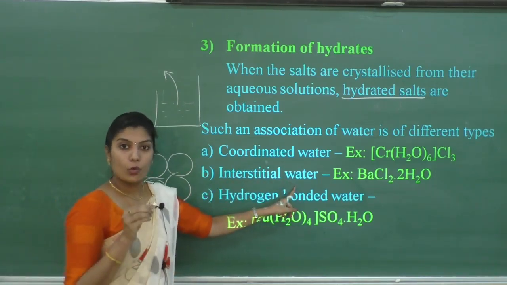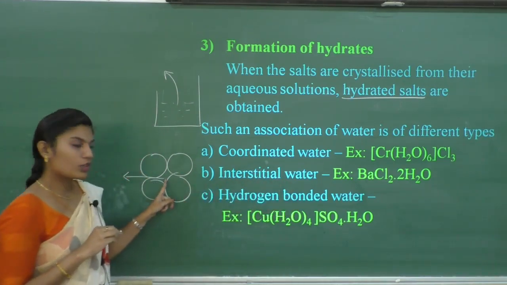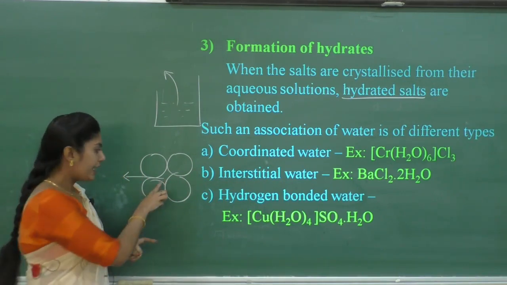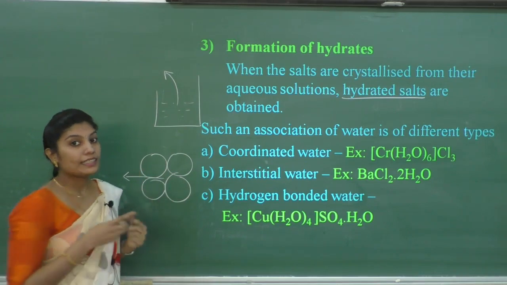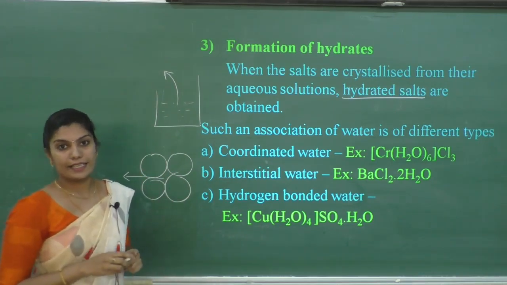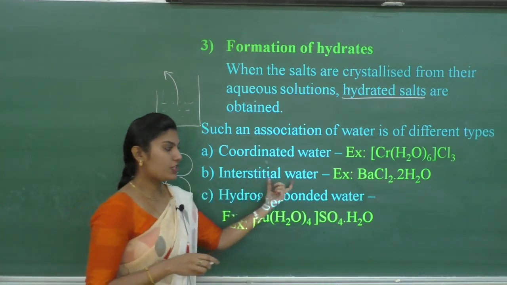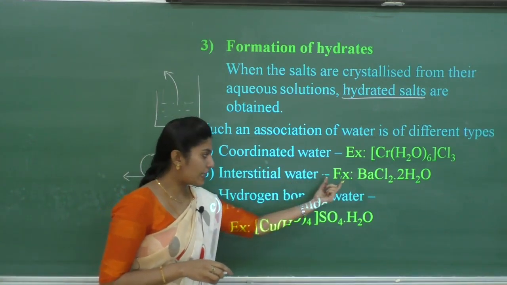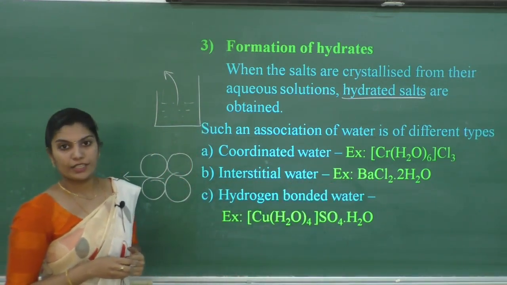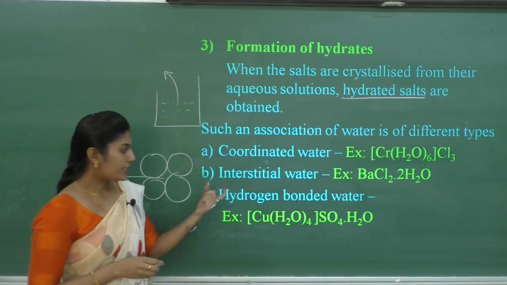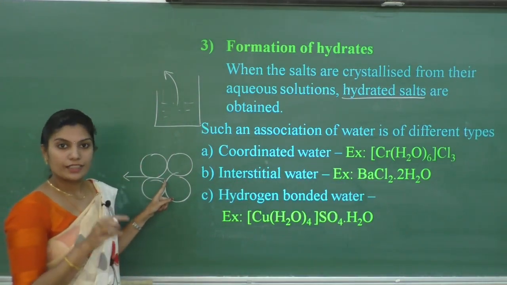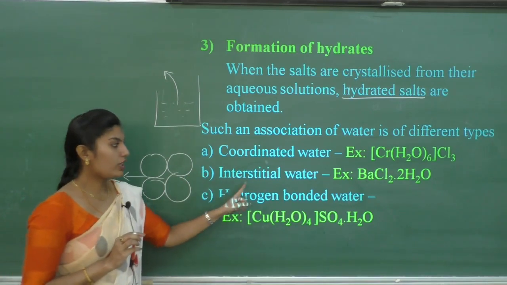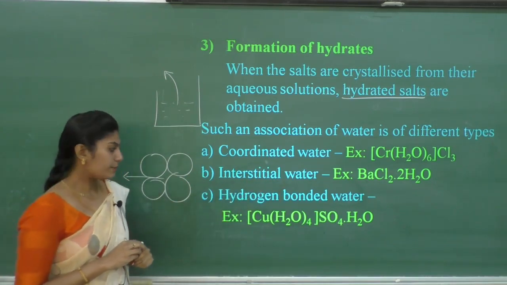If the water molecule is present in the interstitial void of this crystal lattice, then the hydrates are called interstitial water. In barium chloride dihydrate, water is present in an interstitial void. Therefore, it is an example of interstitial water.